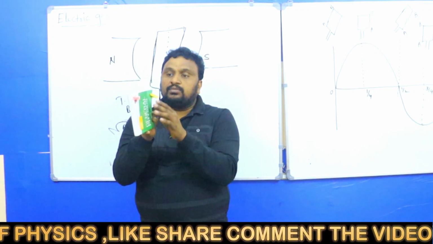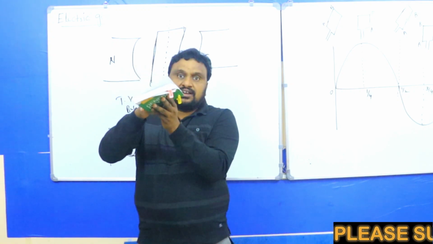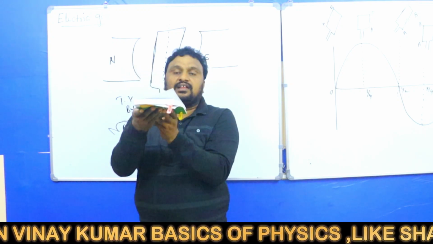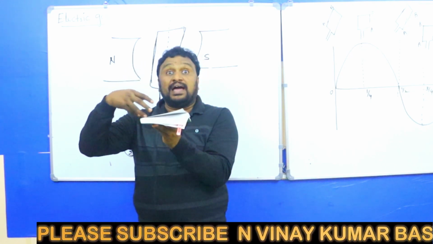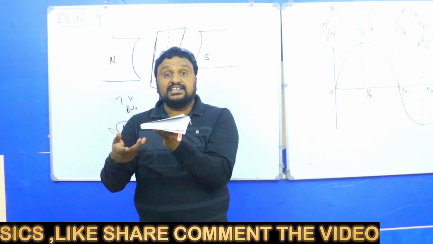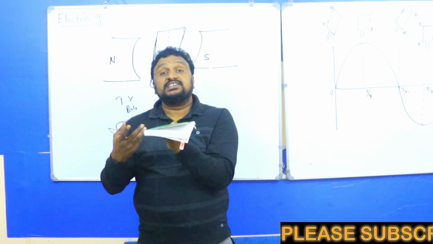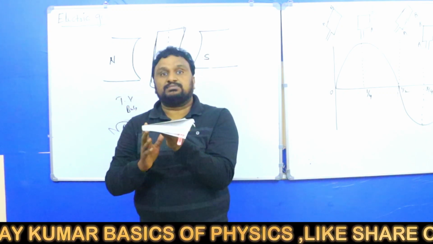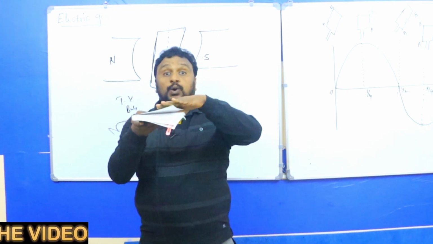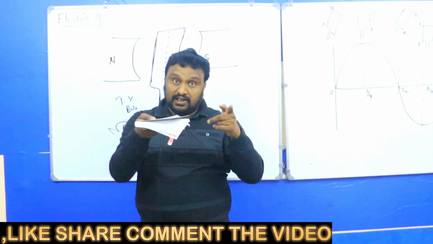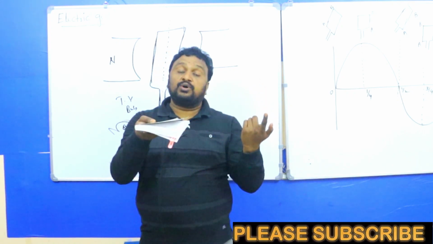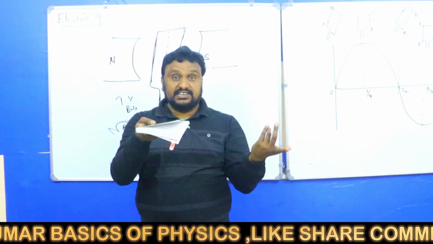When it reaches the horizontal, there is a change in magnetic flux, the maximum amount of flux change. That's why the EMF generated is also maximum. When the coil is in the horizontal position, the flux is changing more, and the EMF generated is also more.